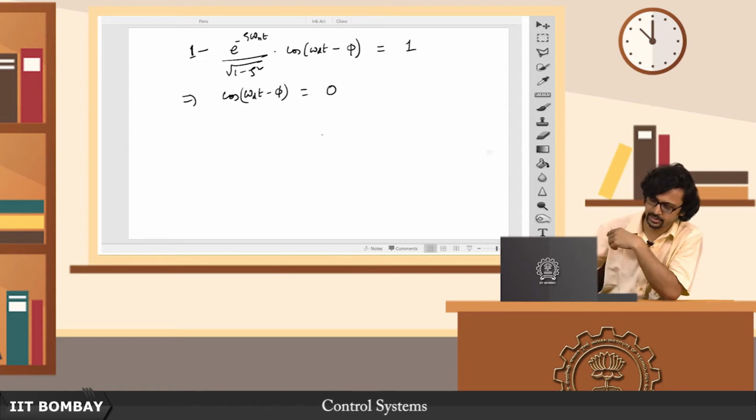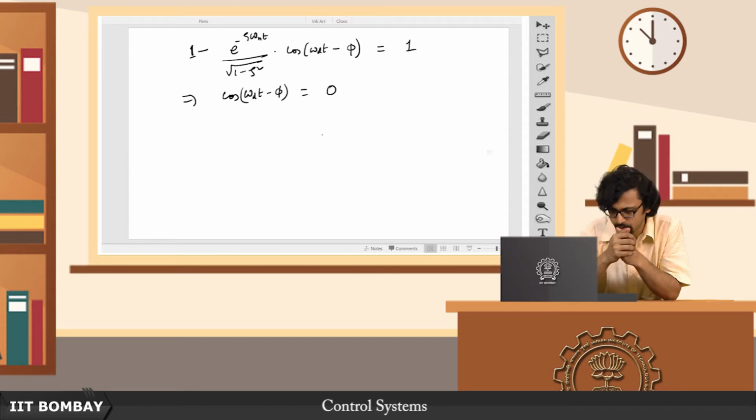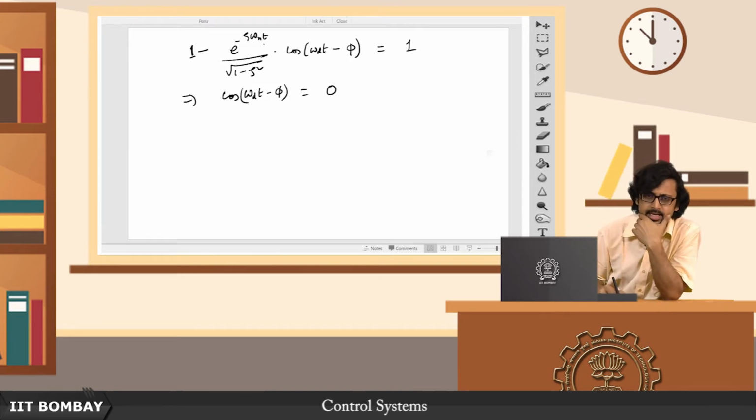Of course it's a trigonometric equation, so it has an infinite number of solutions. We are only interested in the first time that this solution is attained. Notice that we are ignoring the exponential terms, because only at t tending to infinity does this go to 0, and we are not interested in that asymptotic behavior.